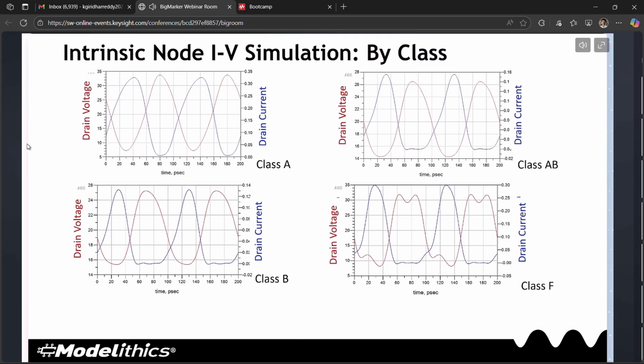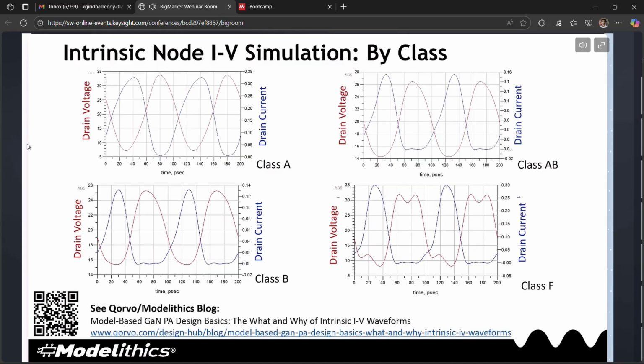So when we think that we've achieved a Class F amplifier, we need to be looking at the intrinsic waveforms to do that. More information about understanding the what and why of intrinsic IV waveforms can be found at the link shown here in the QR code, for a collaborative blog article that we had done with Qorvo.